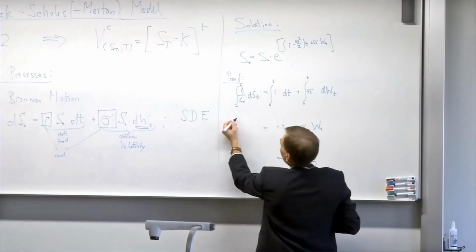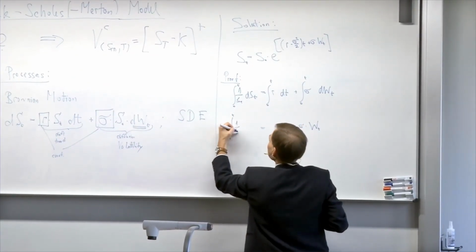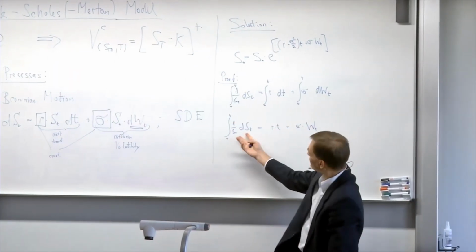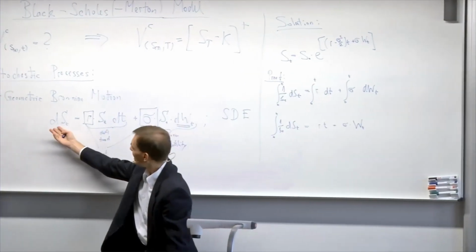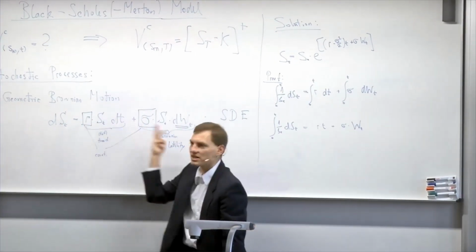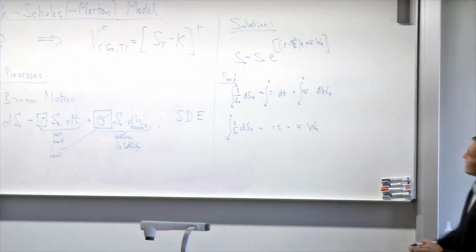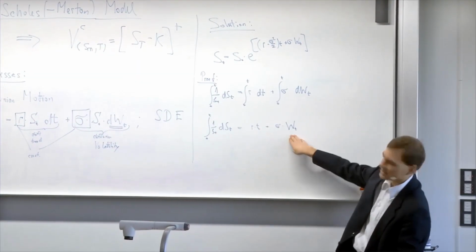And on the left-hand side, we still have this integral, which is not so easy, because behind this dS_t you have this whole equation, right? And therefore we cannot compute the left-hand side, but it seems to be that the left-hand side is equal to the right-hand side.